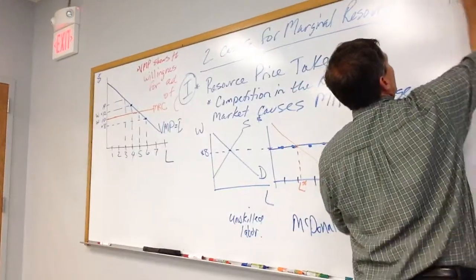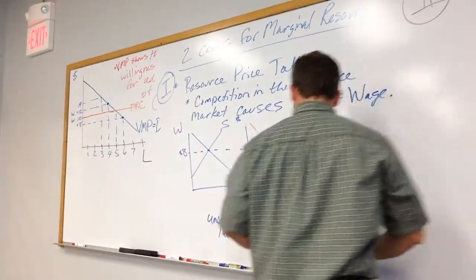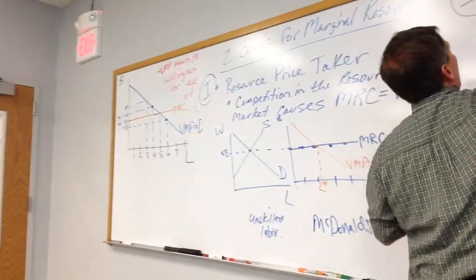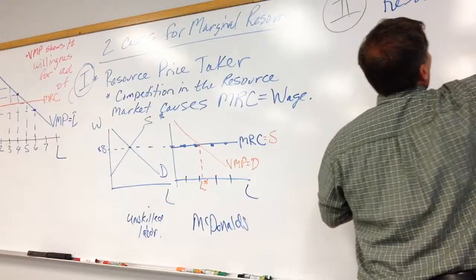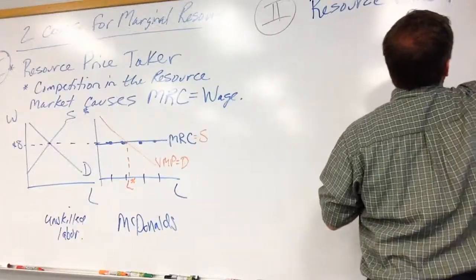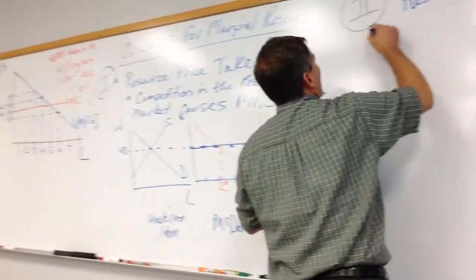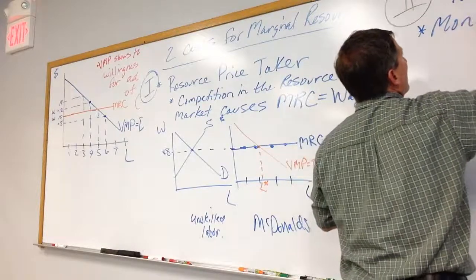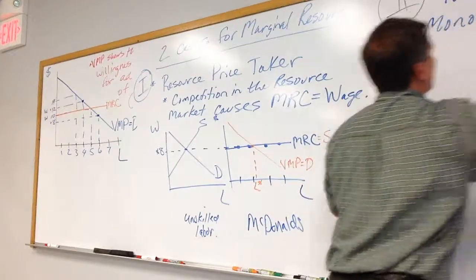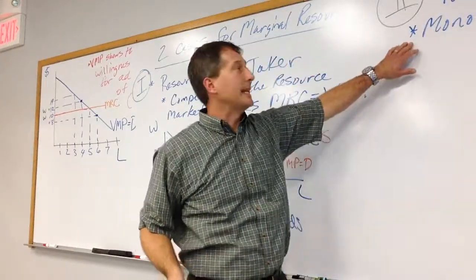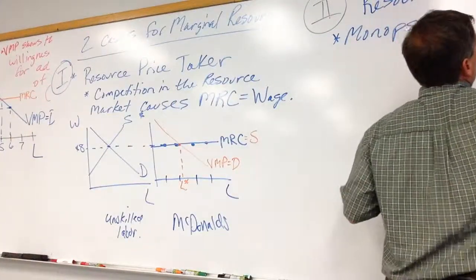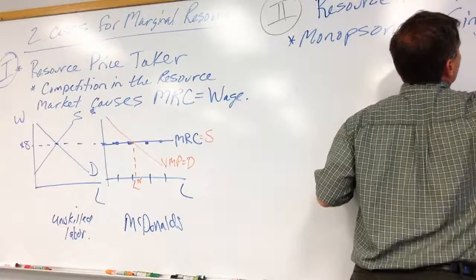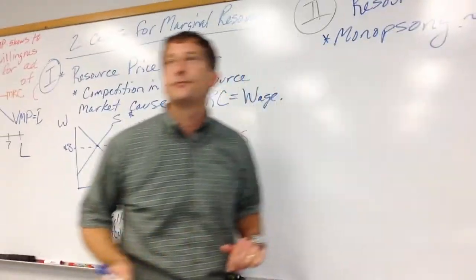So case number 2 here is a resource price maker. Also is the case of what we call a monopsony. A monopsony is a single buyer in the market.